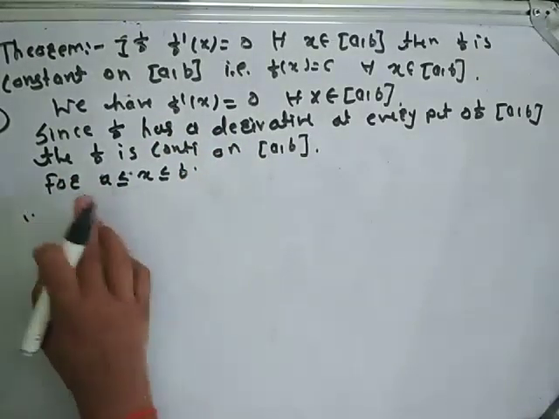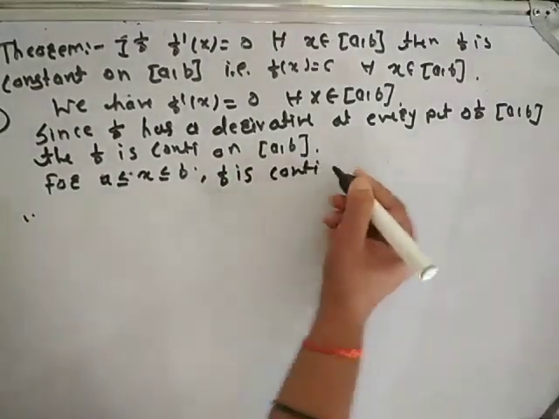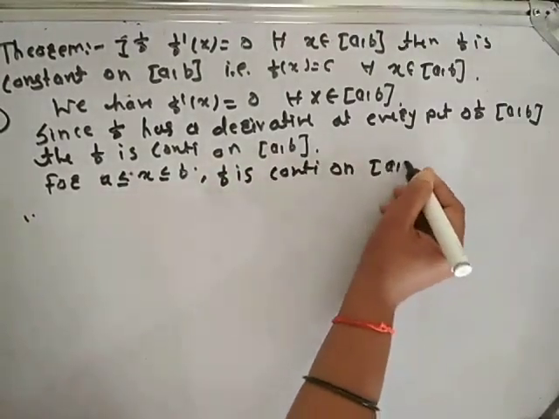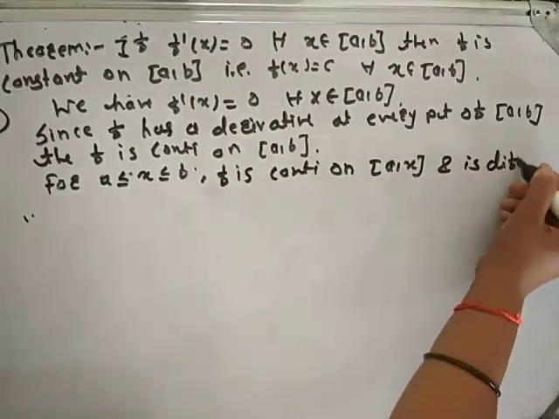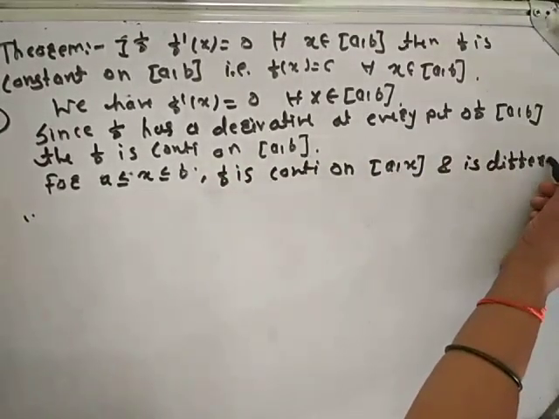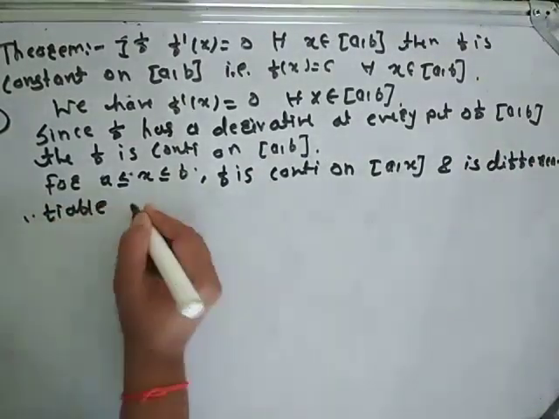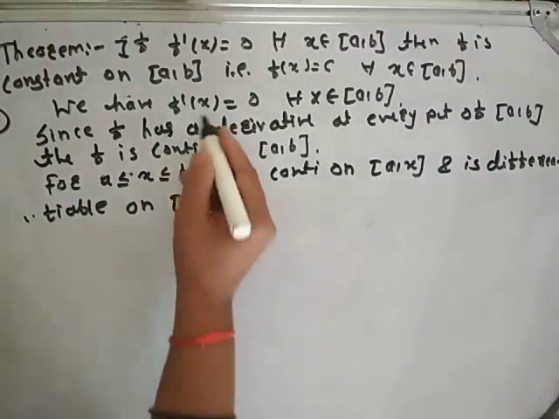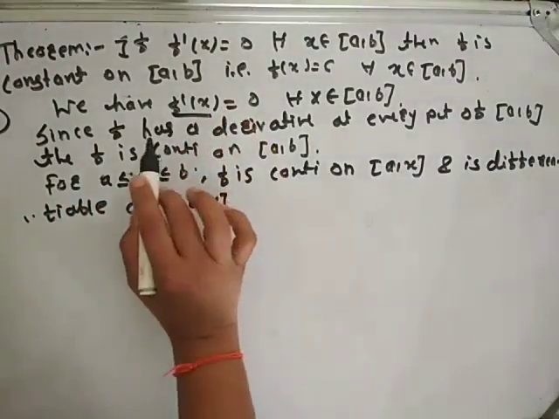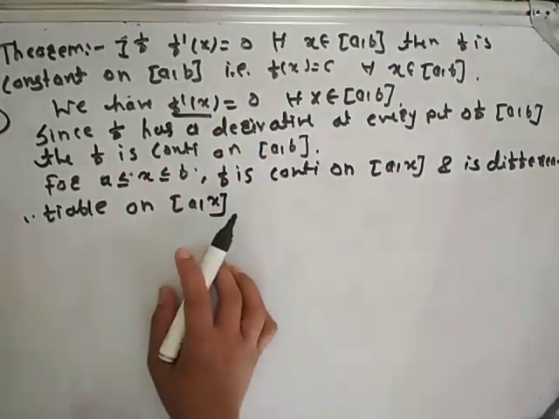For f is continuous on closed interval [a, x] and differentiable on open interval (a, x), because here f has a derivative on closed interval [a, x].